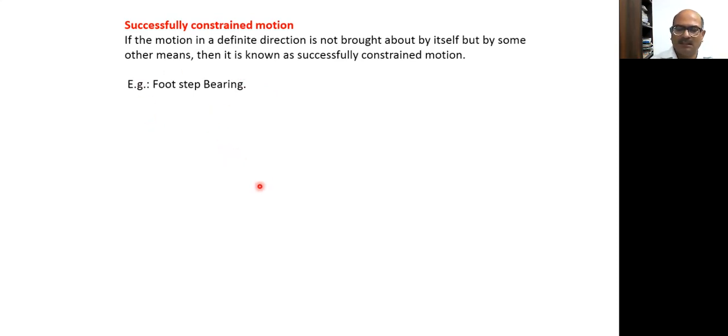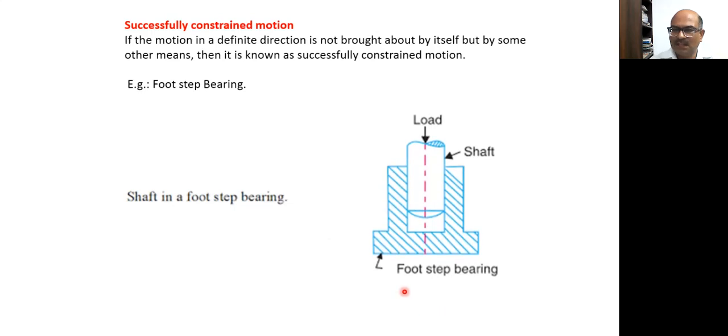For example, a foot step bearing like this, which is actually having this load and a shaft. So this can take the load, but it can move only when the foot step bearing is there.